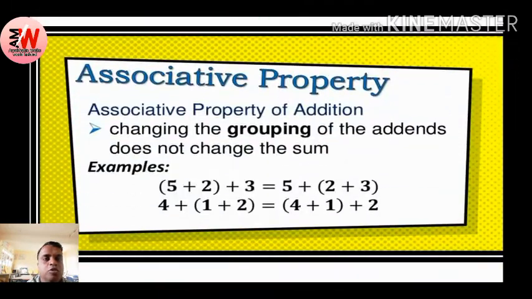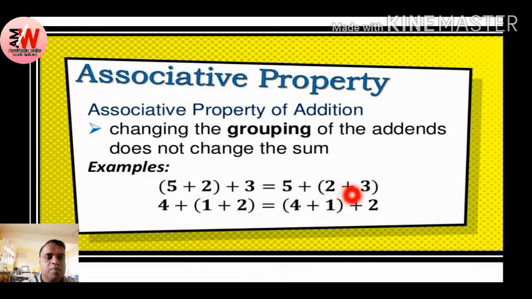Next we move to the associative property. Associative property for addition: changing the grouping of the addends does not change the sum. Addends means numbers. See here, the example is given. The first example: bracket 5 plus 2 bracket complete, plus 3, equals 5 plus bracket 2 plus 3. 5 plus 2 is 7, 7 plus 3 is 10.